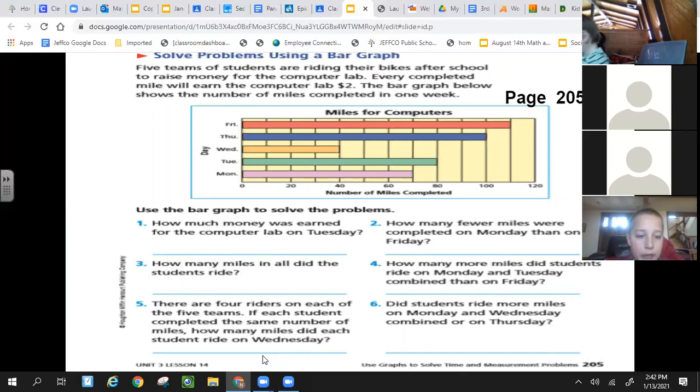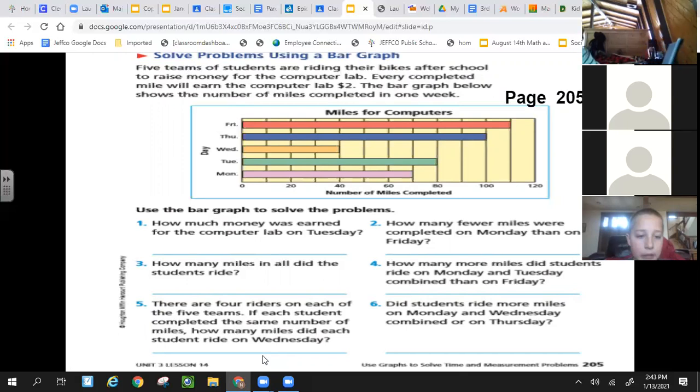It reminds me of our fundraiser for the school in Africa. So I can kind of connect to this. We raised money for Hat Day, so we could send money for meals to the students in Africa. So this is similar, but their fundraiser is by riding their bikes after school. And if they ride X amount of miles, they get $2 per mile for that week.